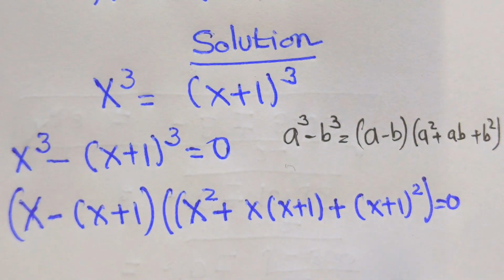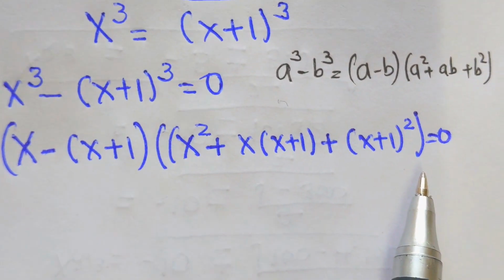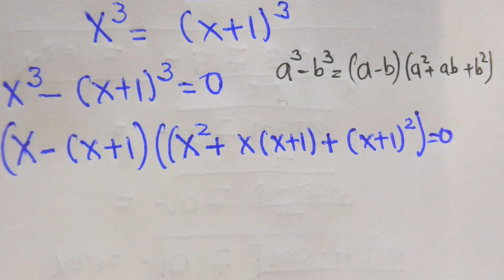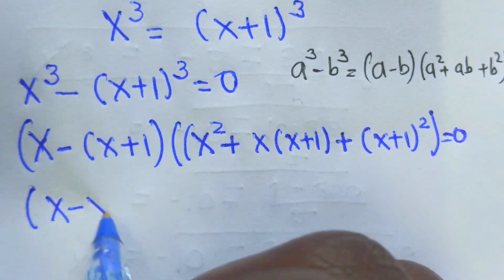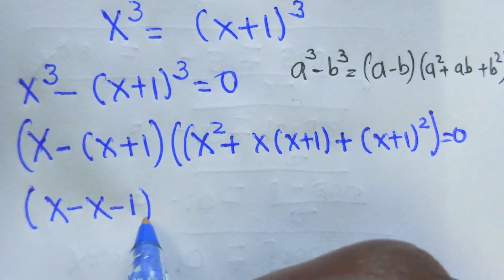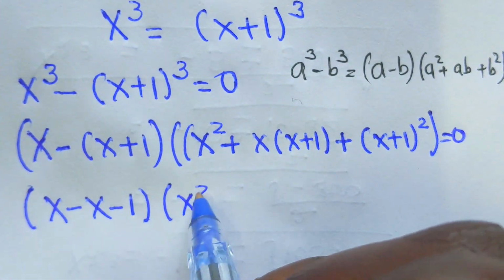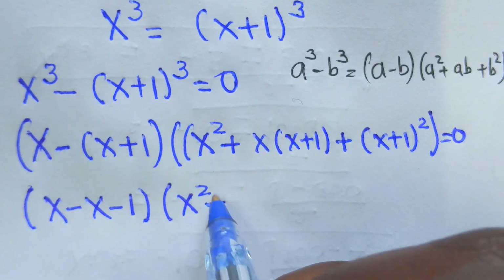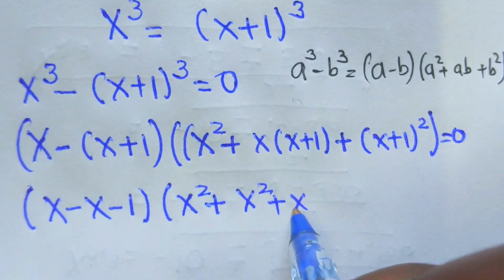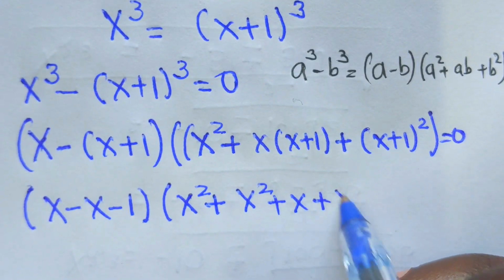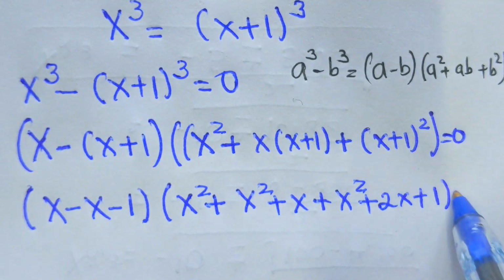Right, so this is what we have transformed it into, and of course this will be (x - x - 1) times (x^2 + x^2 + x + x^2 + 2x + 1) equals 0.